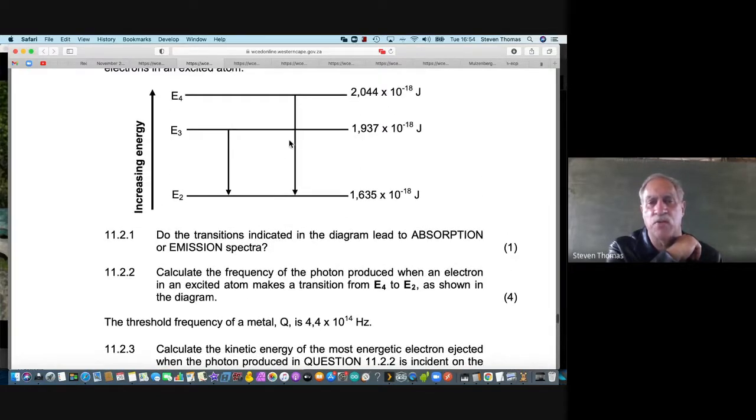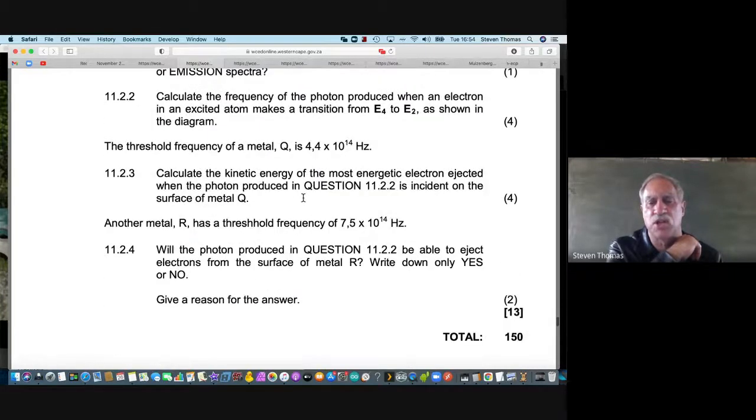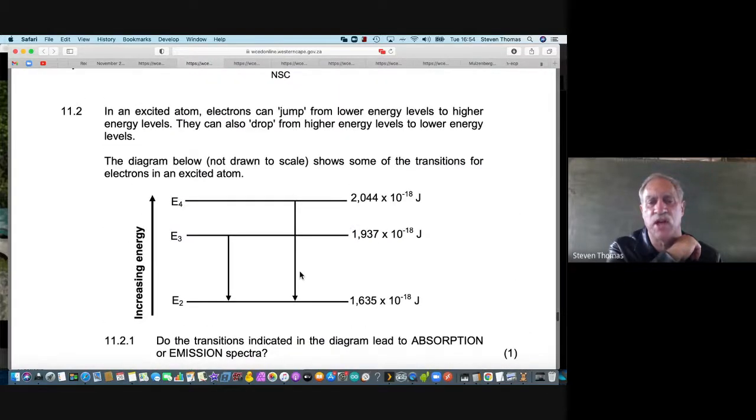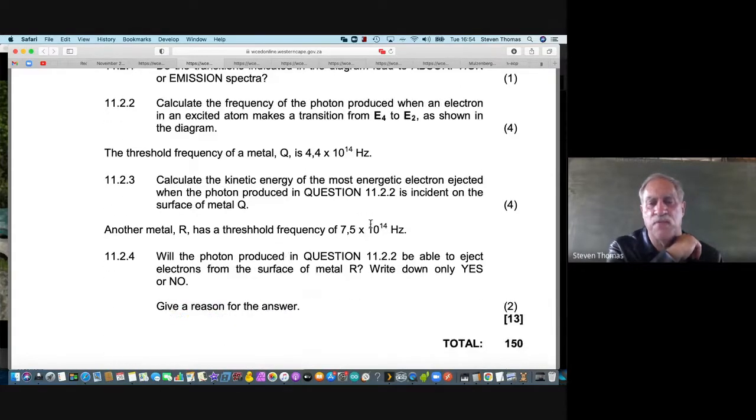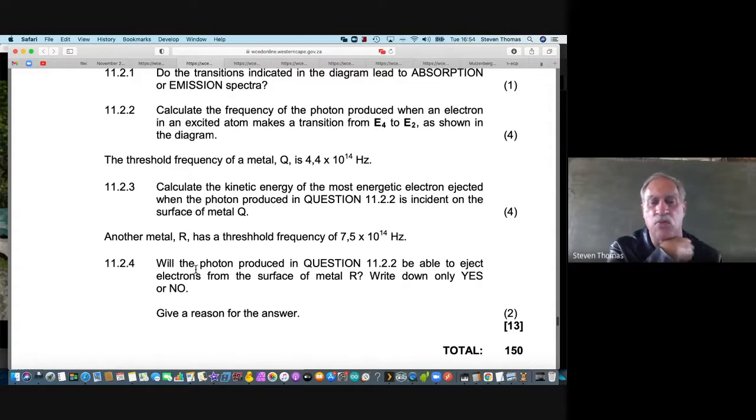I compare it with the difference between there and there, and I see if this energy, that times Planck's constant, equals that energy difference, which is 2,044 minus 1,635. And then if this is higher than that, then there will be no electron ejected. So I guess one would have to work it out. But it sounds like they almost expect you to be able to work it out just from mental arithmetic. But that's what I would do. And then you would get your answer.